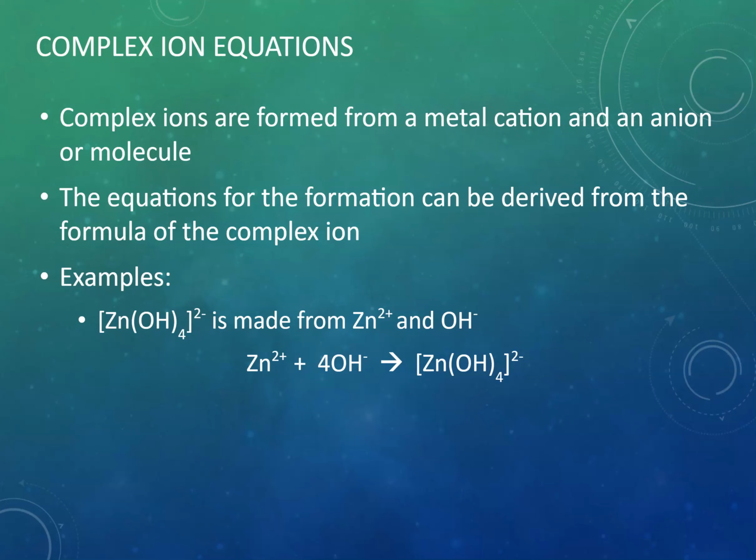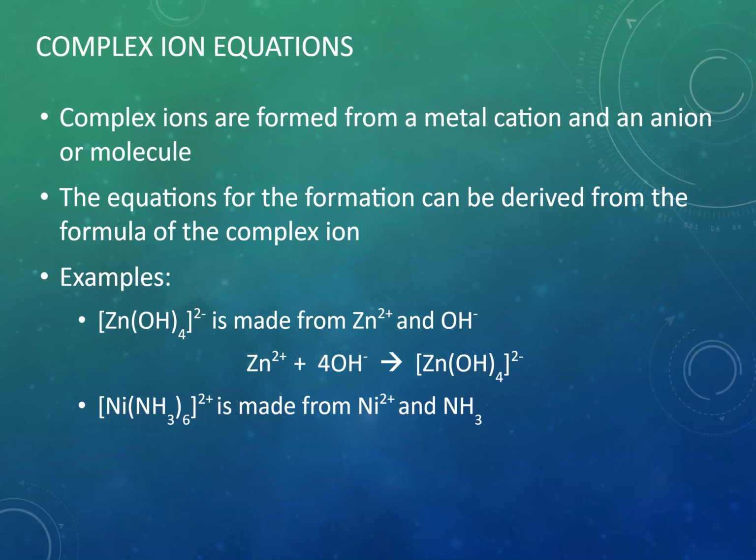So you just stick them together, and as you can see, the overall charge on the complex ion is 2-. So we've got 2 pluses and 4 minuses, which gives an overall charge of 2 minus. So even if you can't quite remember the charges on one of the ions, you should be able to figure it out.